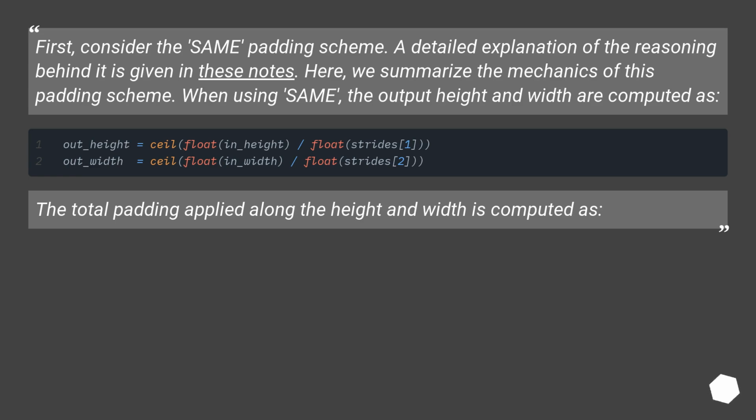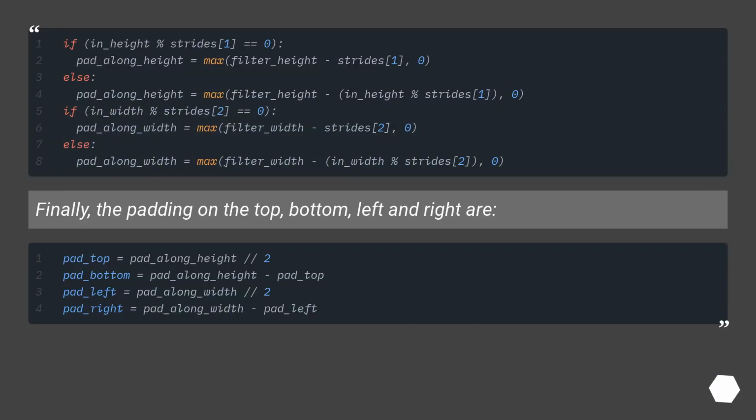When using same, the output height and width are computed as, the total padding applied along the height and width is computed as, and finally, the padding on the top, bottom, left and right are computed.